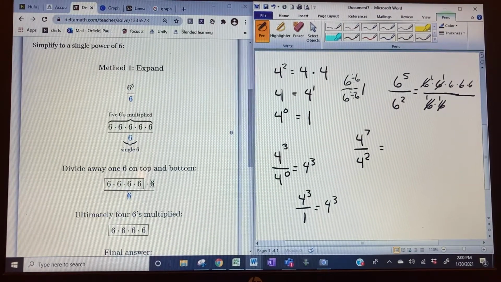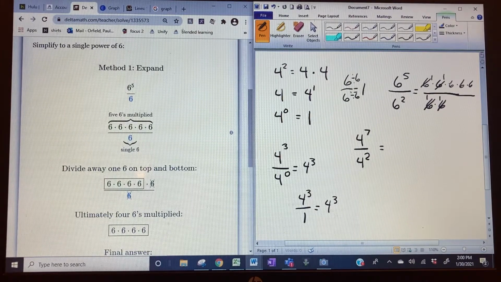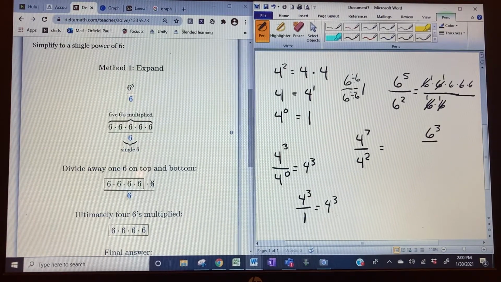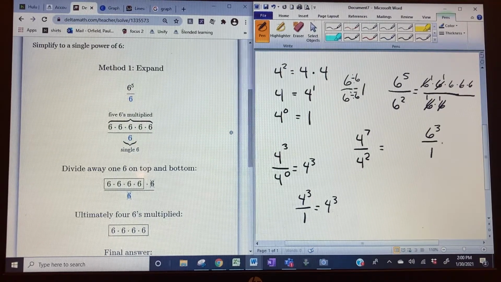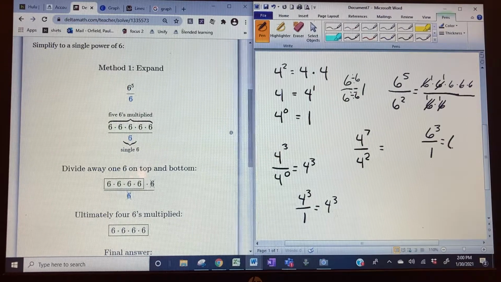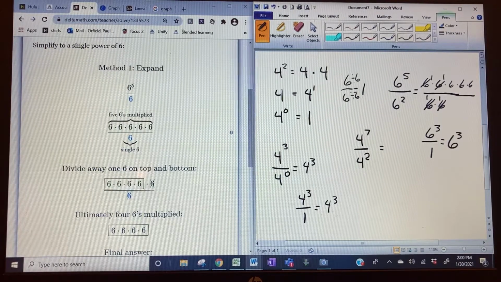So up here we have 1 times 1 times 6, which is just 6. So we have 6 times 6 times 6, which is the same as 6 to the third, over 1 times 1, which is just 1. And as we said earlier, when you put anything over 1, it really doesn't change its value. We could simplify it and write 6 to the third. So that's why, when dividing exponents with the same base, you can use the trick of just subtracting the top exponent minus the bottom exponent.